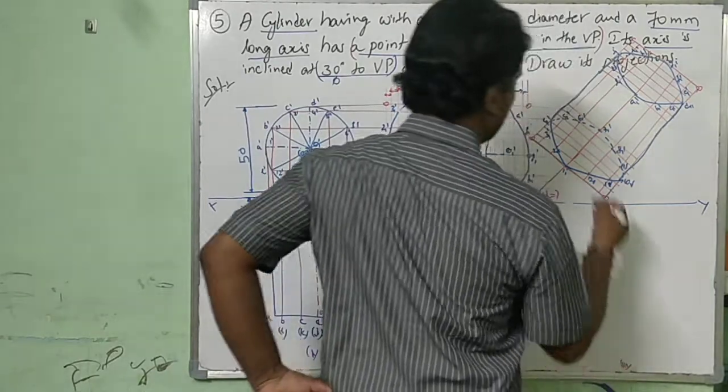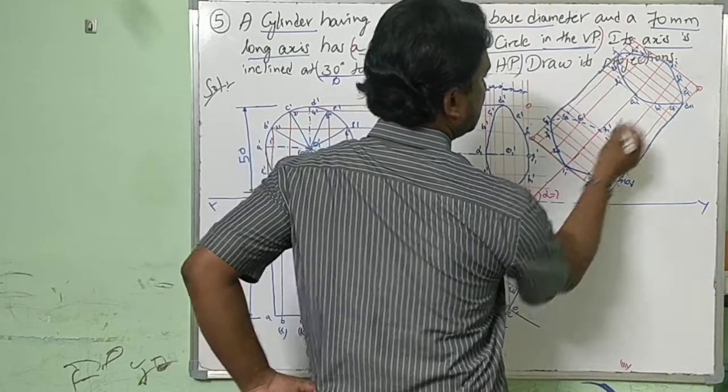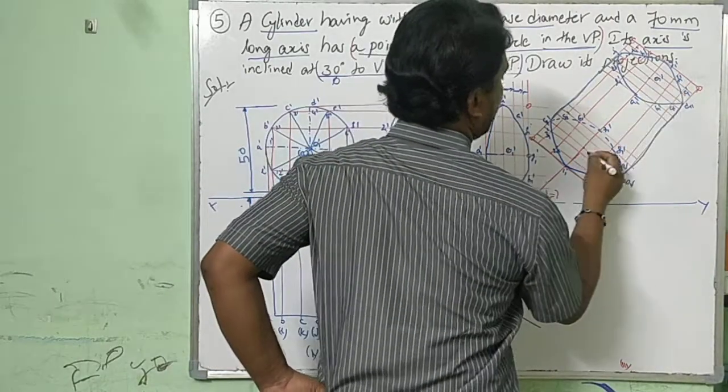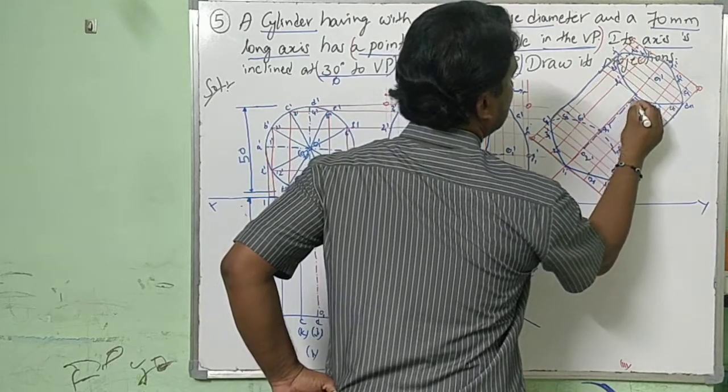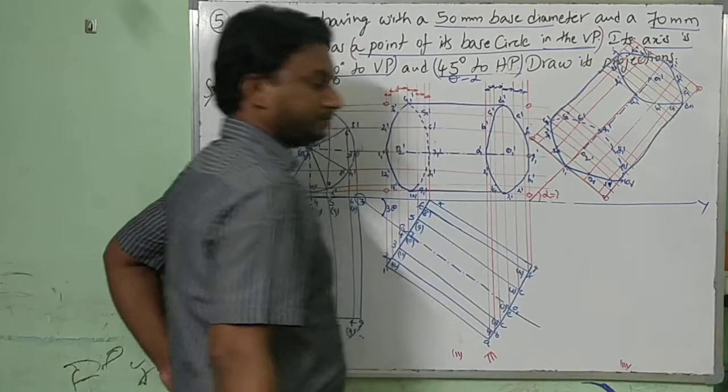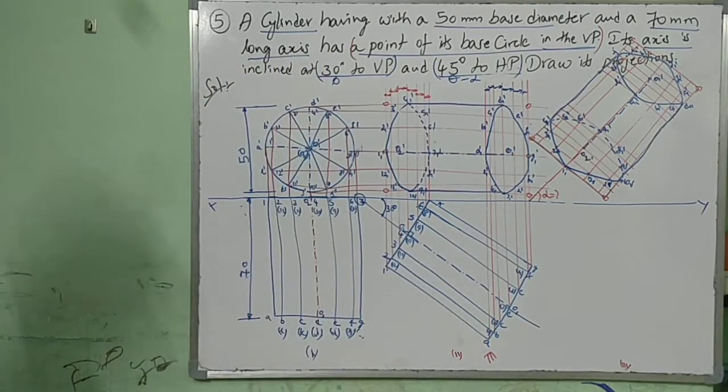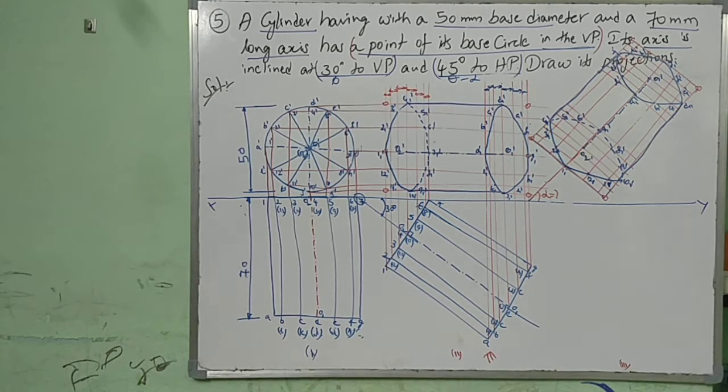Axis line is from this center to this center, O1 dash, O2 dash, dash dot, dash dot. See, rotating the third stage front view from the second stage front view is very crucial and important with the help of all horizontal projectors and vertical projectors.